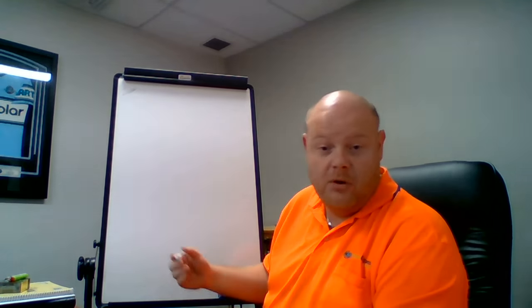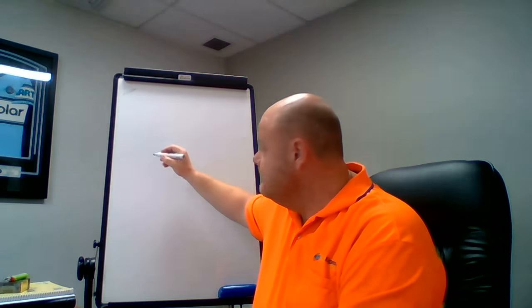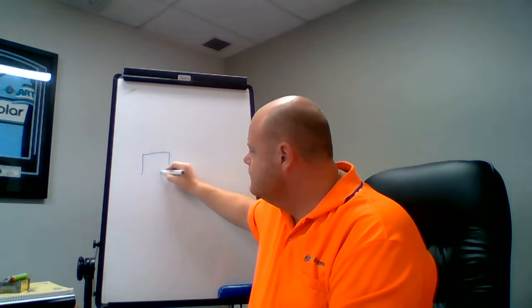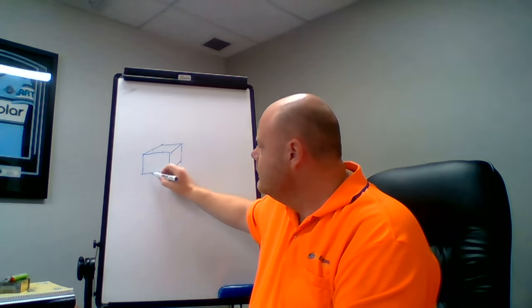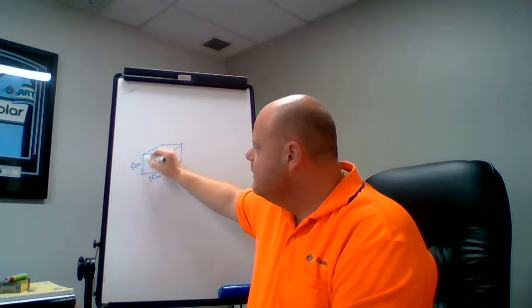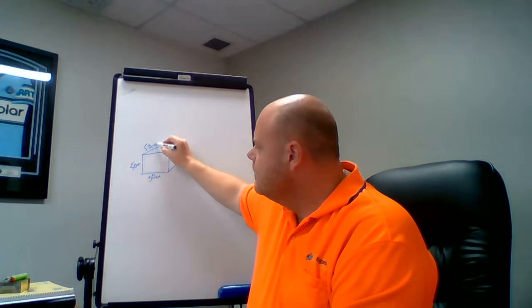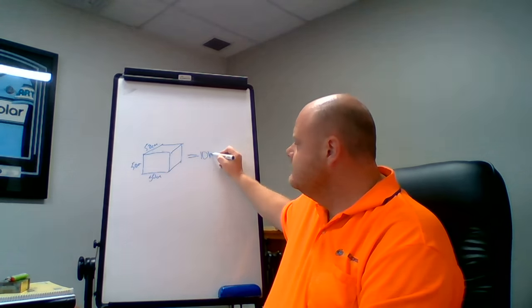If a customer sends something which is, let's call it a box size of 50 centimeters by 50 centimeters by 50 centimeters deep. So 50 centimeters by 50 centimeters by 50. And it weighs 10 kilos.